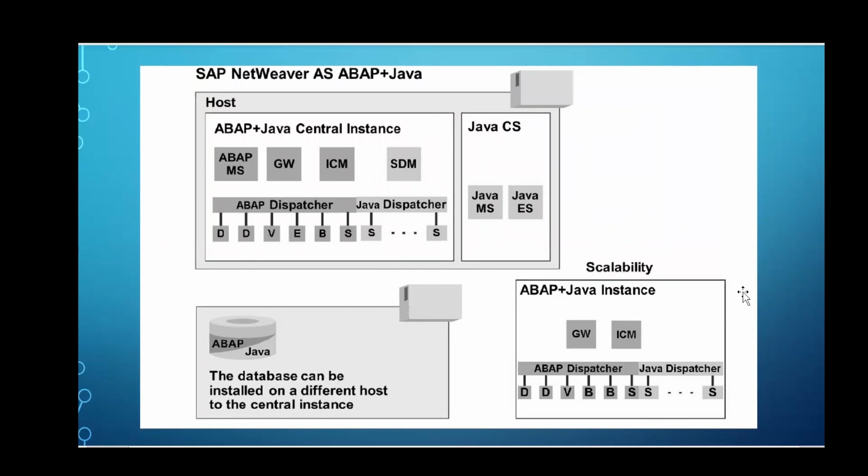Do you see any differences from the two blocks? ABAP dispatcher. Like it's clubbed. Here ABAP dispatcher is there, Java dispatcher is there. So any variation from what we saw earlier? And then Java central instance. Any variation?